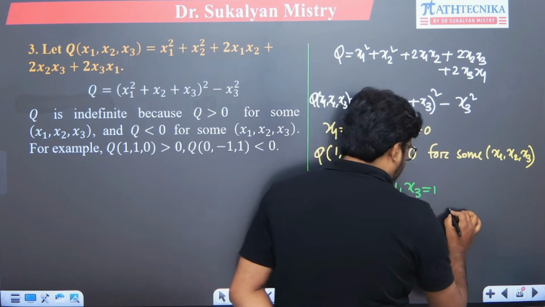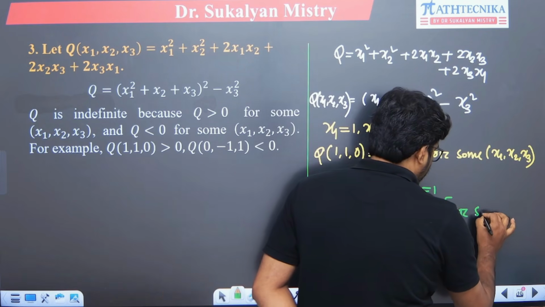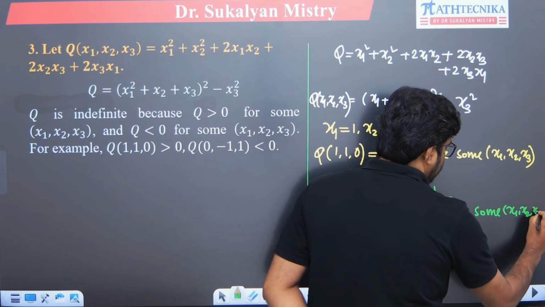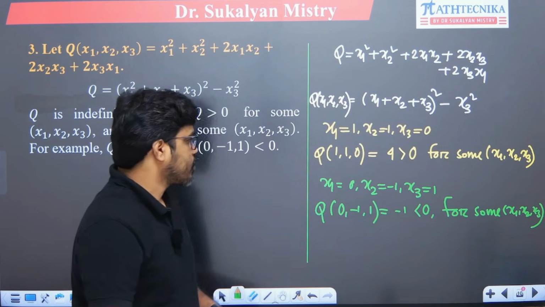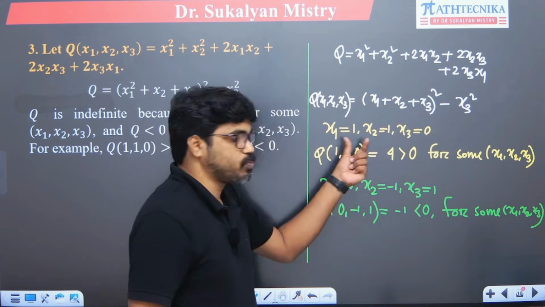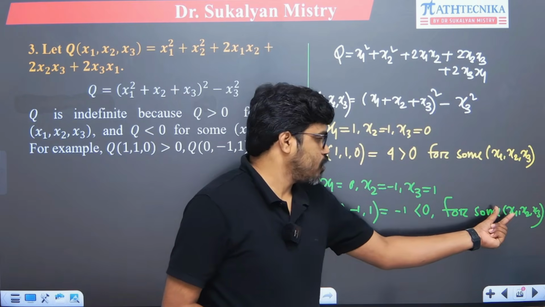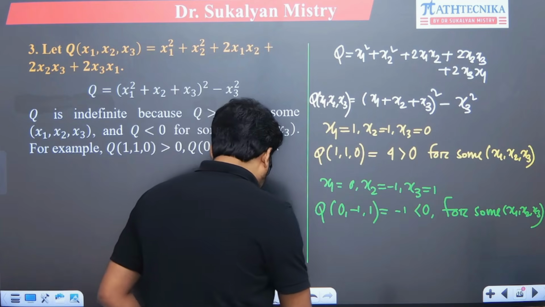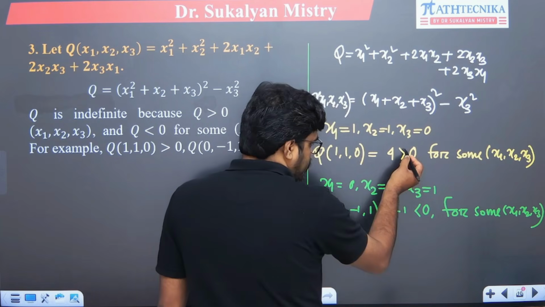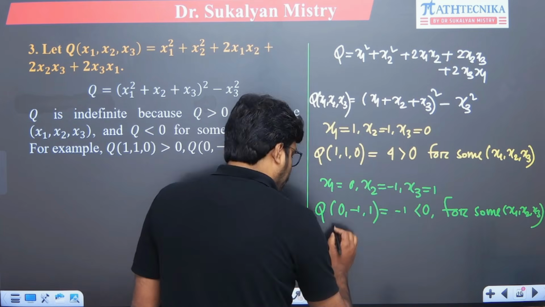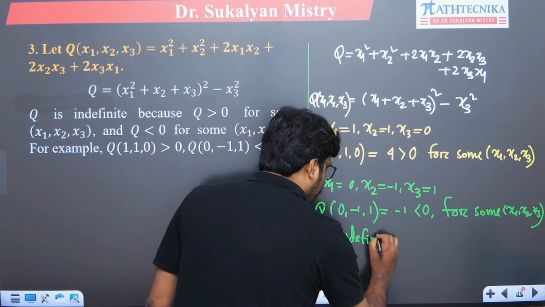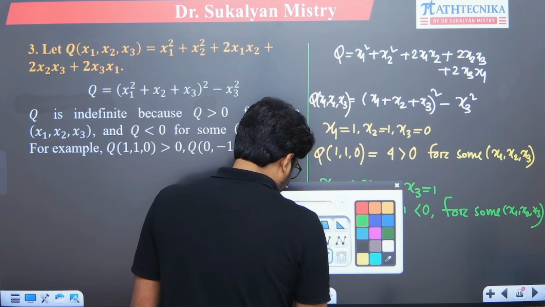So for some x1 x2 x3 q is positive, and for some values of x q is negative. So this is positive as well as negative, so that is indefinite. Getting my point? Is it clear?